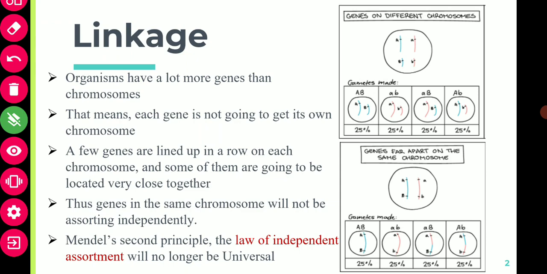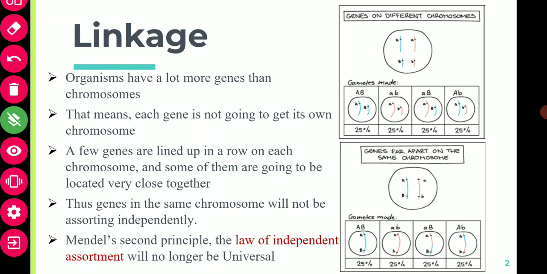So we have already discussed that an organism has many genes. Any individual or any species has many genes, and those genes are more than the number of chromosomes that animal or individual possesses.